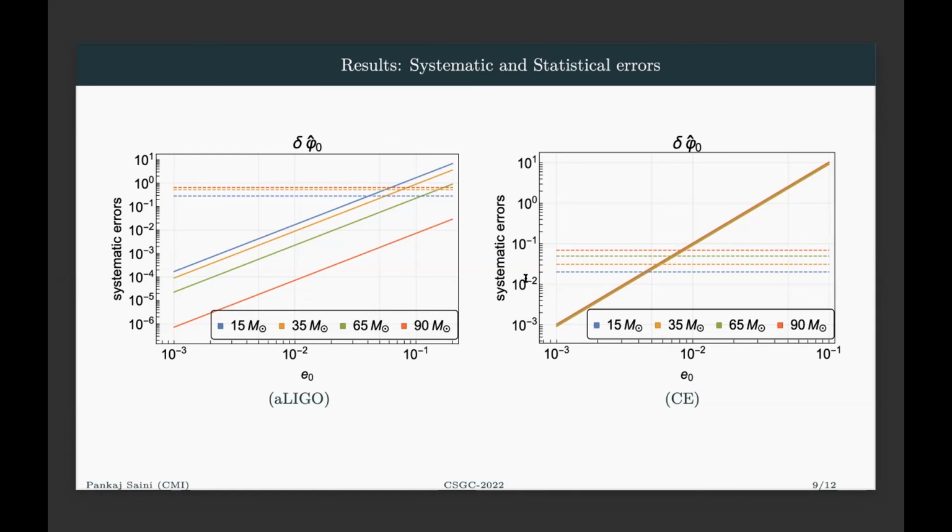Which effect is more? We have not checked that explicitly, but I assume that this is due to the large number of gravitational wave cycles spent in the band, because the systematic biases are proportional to the number of cycles spent in the frequency band of the detector. So that should be that.